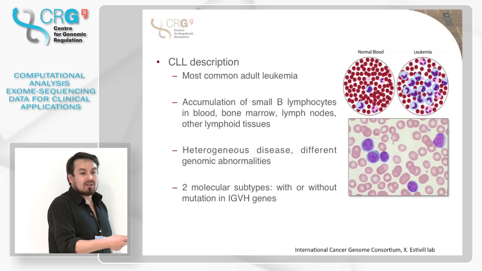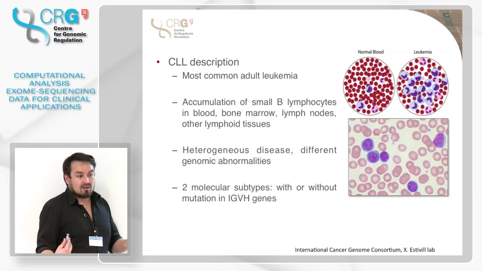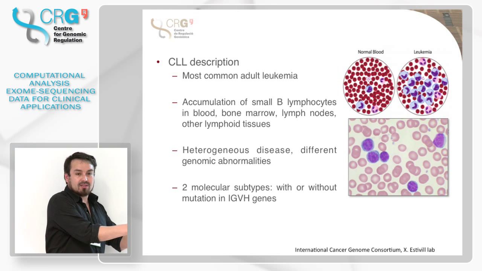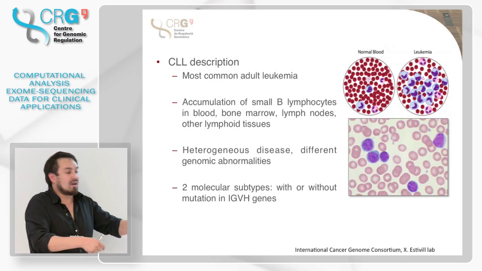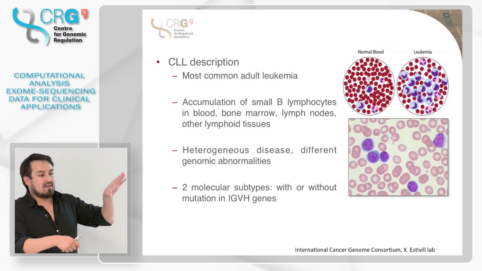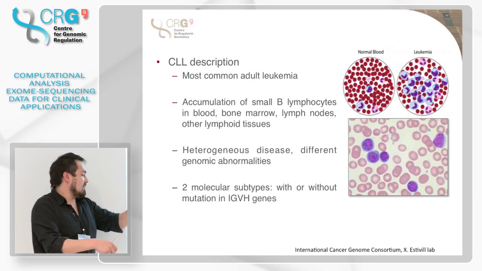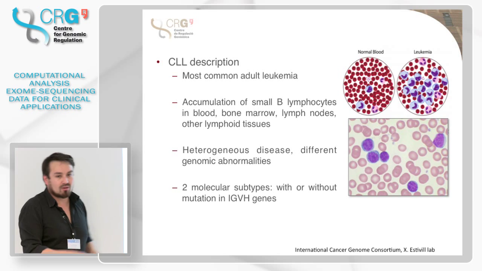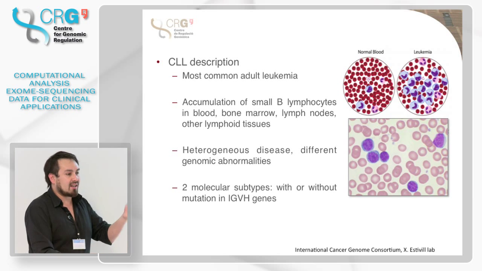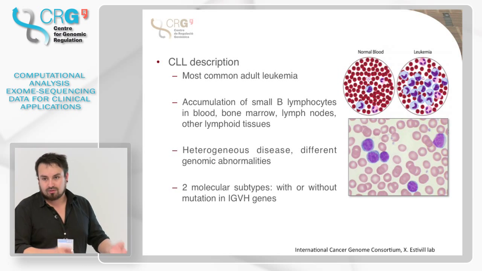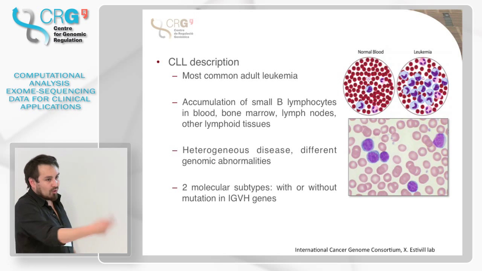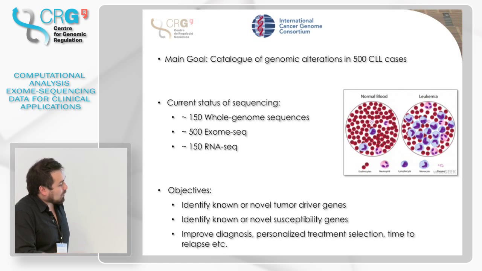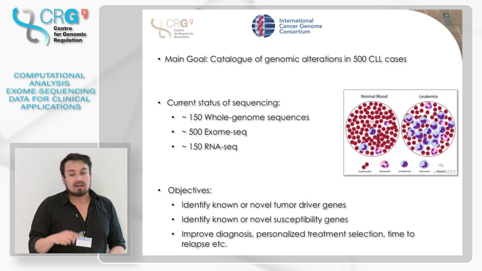This stem cell-like subtype is more aggressive than the non-stem cell-like one, and the idea is also to try to identify this genetically by exome sequencing, to say you have the highly mutated IGHV gene, which is called the IGHV mutated status, or the non-highly mutated one, to see if there is a difference in survival or the prognosis for the patient.